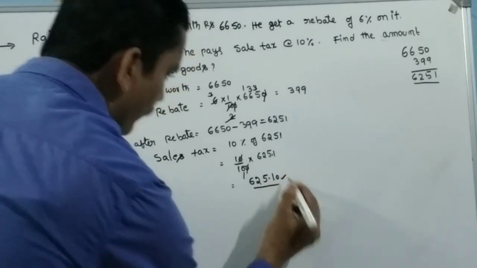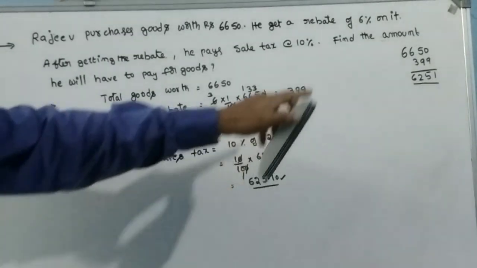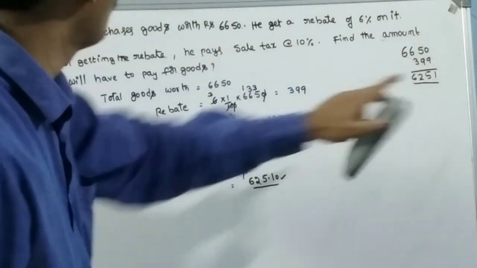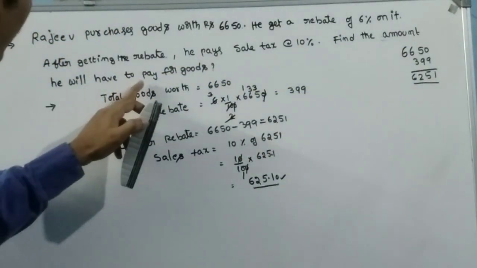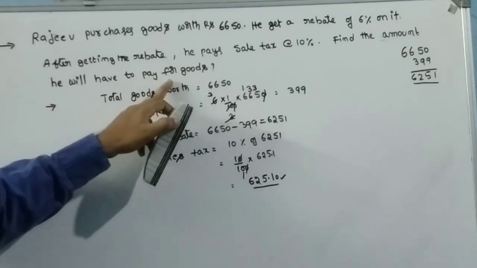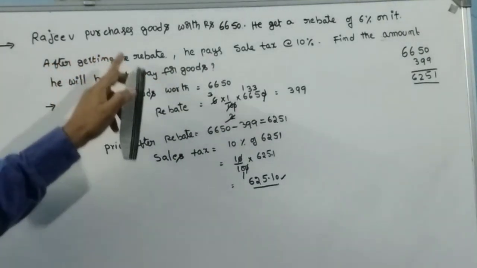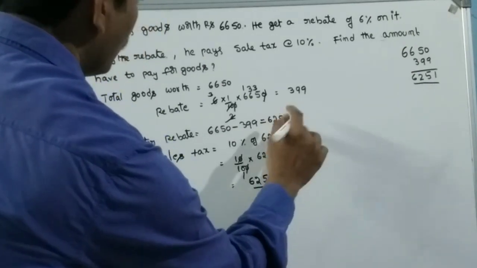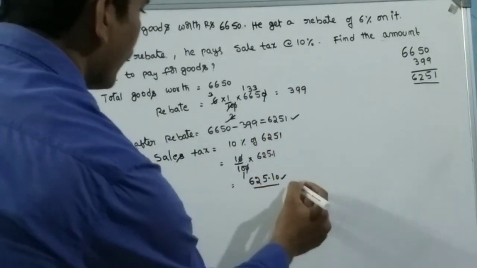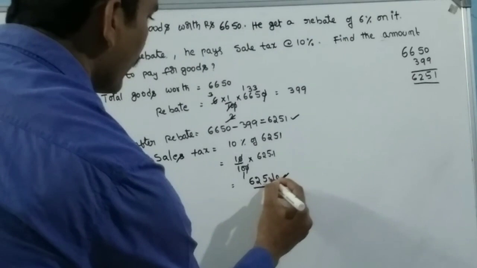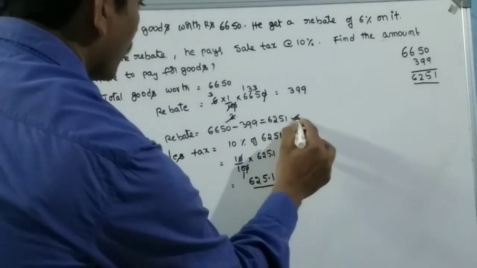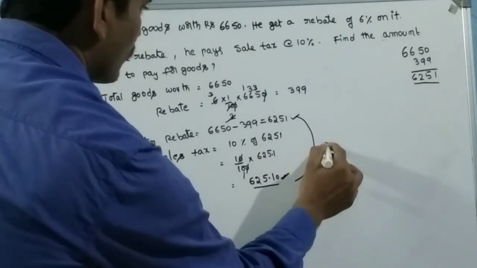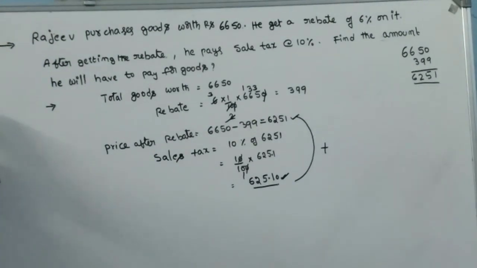This is the sales tax amount. What has it asked? Find the amount he will have to pay for goods. After getting the rebate, he has to pay 6,251, and on this again he has to pay sales tax 625.10. Then these two make the final price.